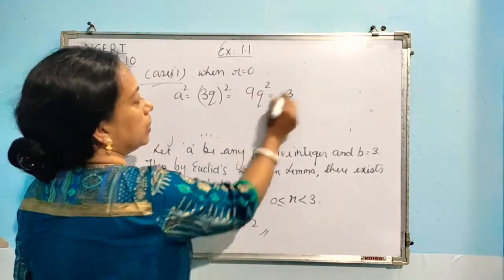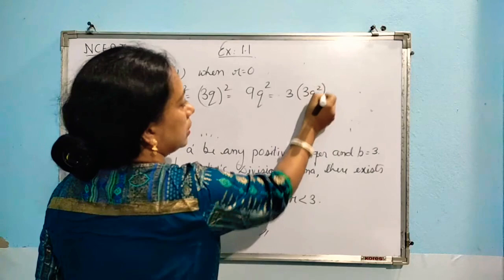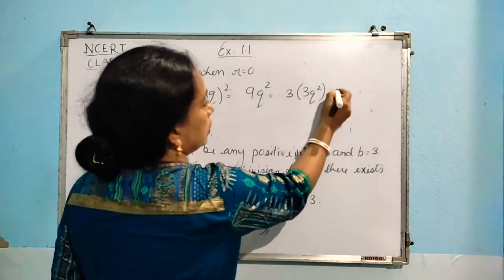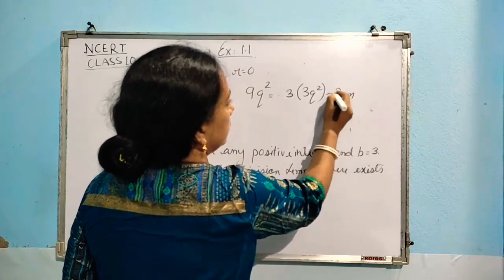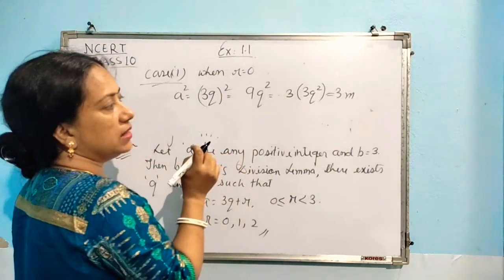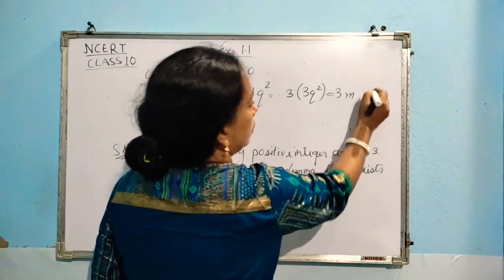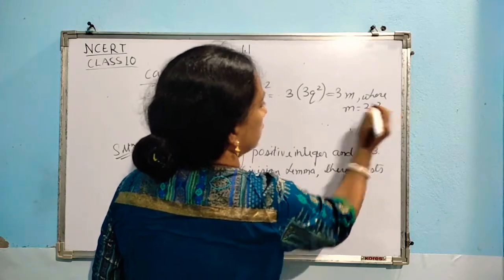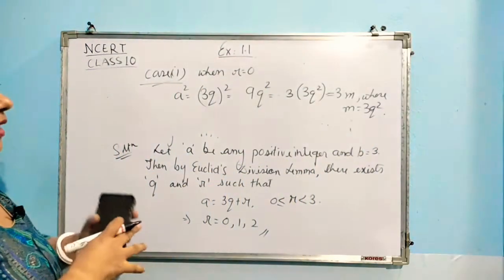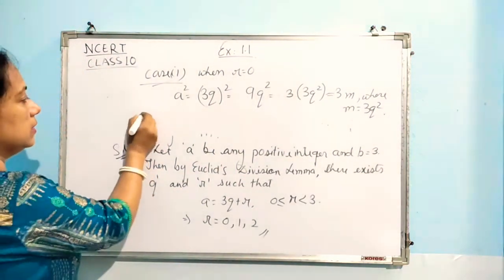Definitely 9q square can be written as a multiple of 3, which is 3 into 3q square, equal to 3m. From where has this m come? I have considered m equal to 3q square.